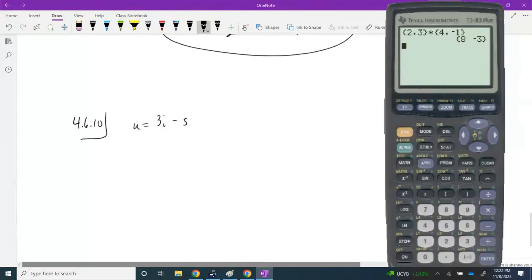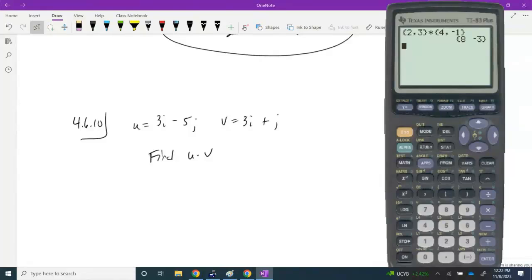Find the dot product of U and V. So I'm going to take U and V out of i and j form. So U is going to equal 3, -5. V is going to equal 3, 1.